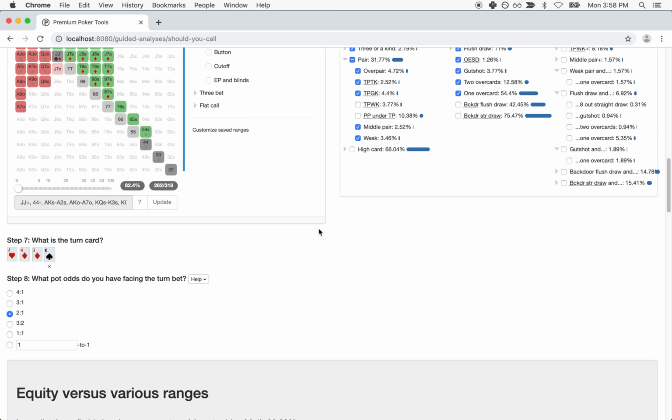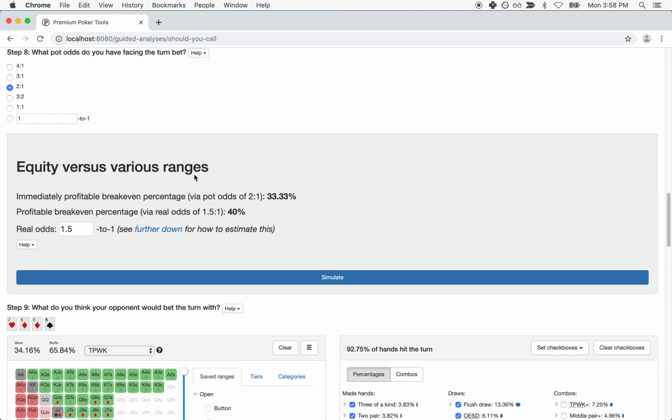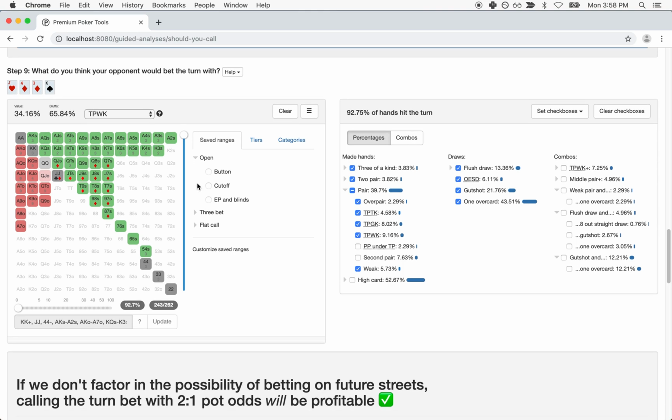We assumed on the flop that they're c-betting almost all the time, about 83% of the time, and that they have a value to bluff ratio of 82 to 18. They're bluffing 82% of the time, about a 4 to 1 bluff to value ratio. And on the turn, we also assumed they were pretty bluff heavy, bluffing about twice as many times as they're value betting.